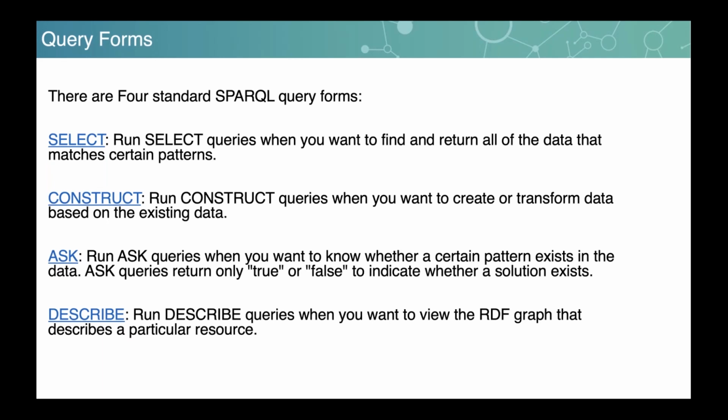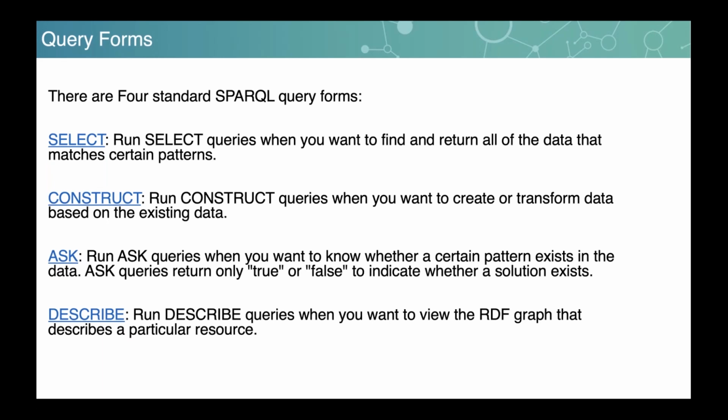It would return the data in RDF format, RDF triples format. So this is useful for doing ELT, so writing from one graph to another graph inside the database, or exporting the data to share it with someone else. Or there's a number of different reasons why you would want to use the construct. This can also be used to build views in our database. So if you want to build a view, you can do that on top of an existing data source, and then you would use the construct statement.